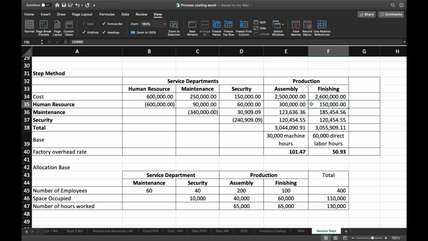Next, we now have to allocate the cost of the maintenance department. Since we allocated 90,000 to maintenance coming from the human resource, the total cost now to be allocated to other departments would be 340,000. That's 250 plus 90 equals 340,000.